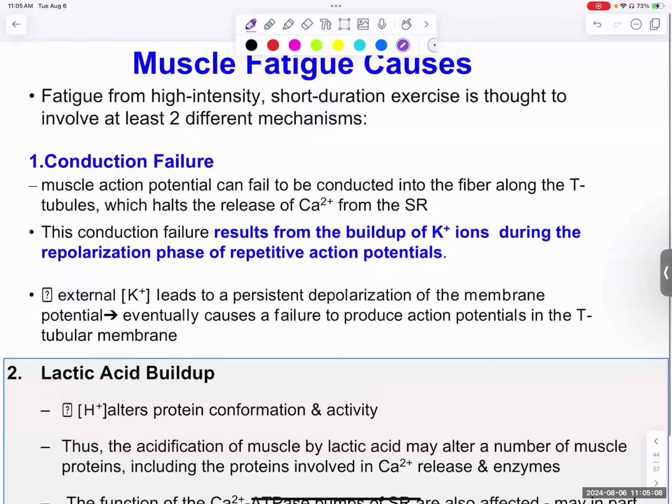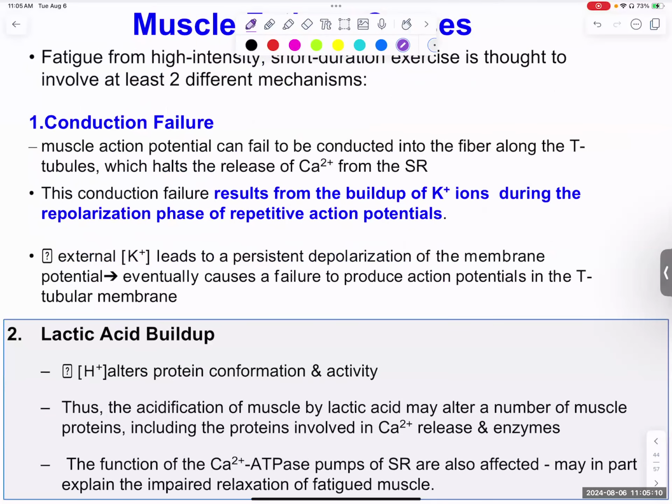So muscle fatigue causes two things. First, conduction failure. That is where the muscle fails to produce an action potential in the muscle fiber. So no action potential in the muscle fiber, no release of calcium out of the sarcoplasmic reticulum. This conduction failure actually results from a buildup of potassium ions during the repolarization phase due to repetitive action potentials.